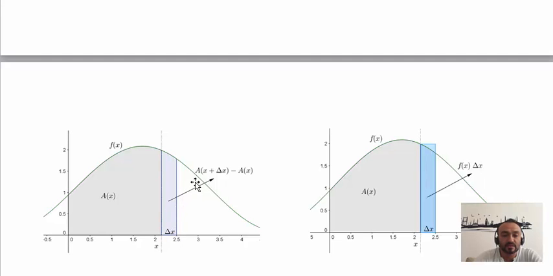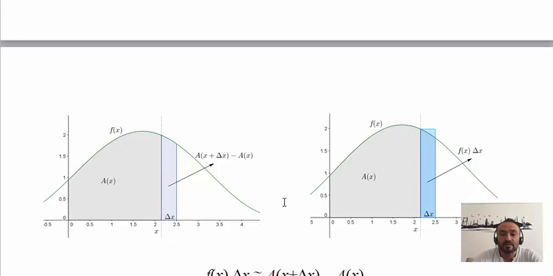As you understand, this little area can be represented by A(x plus delta x) minus A(x), and you may write the area of this little rectangle as f(x) times delta x.